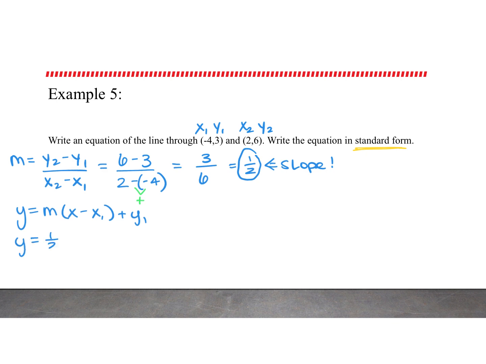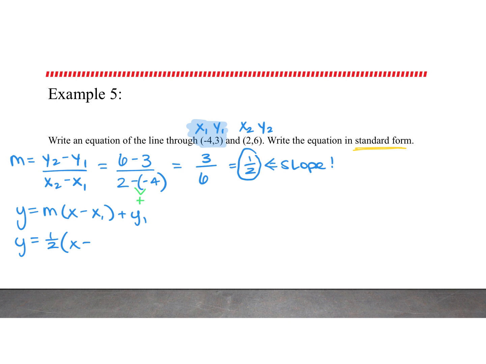We can plug in 1/2 for slope, x minus, and notice once you get to the point where you need to plug in x1, y1, you could use either ordered pair. I tend to go back to the first ordered pair ever given, just because I already have it labeled as my x1, y1. That just works well for my brain.